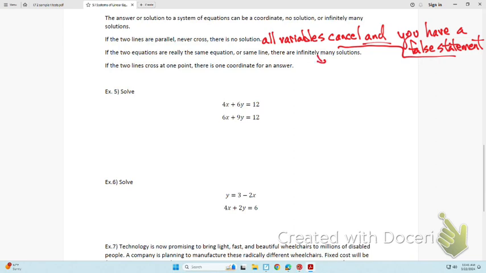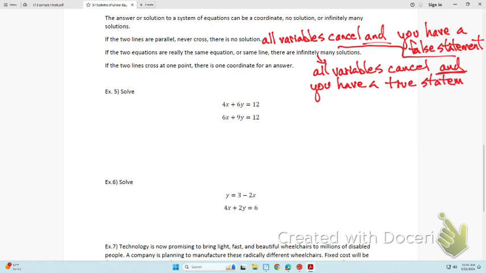In this one, all variables cancel again, and you have a true statement. So let's see. 5 and 6 will be one of each of those.